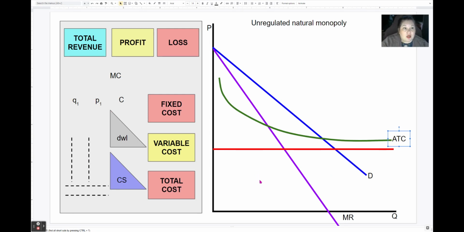So it's important. Average total cost is going to be found where the quantity is set when we're looking at a particular producer's quantity. That leaves the last curve here to be our marginal cost. And in this instance, we are assuming that the cost of producing the next unit is the same each time, and that is why it is horizontal.